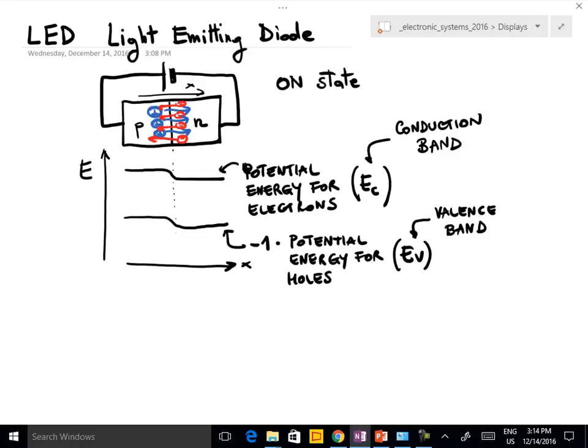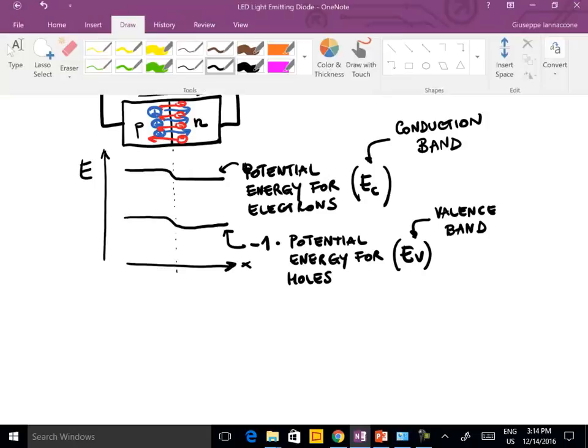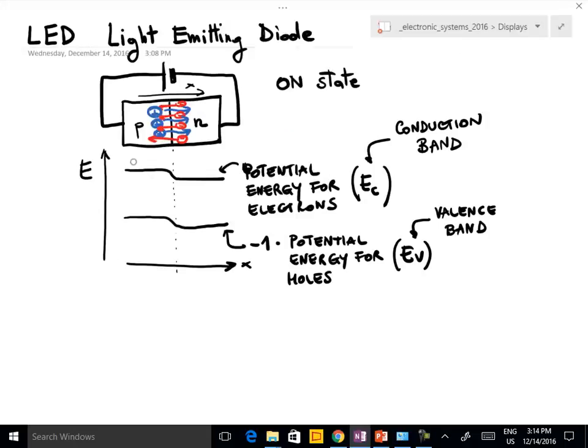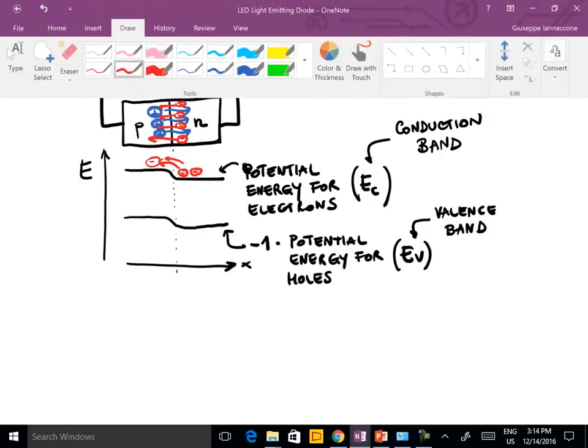So what happens is that actually you have electrons here that can, let's say, go over the barrier represented by the p region and diffuse in the p region, and you have holes.